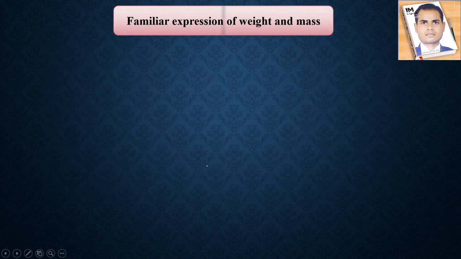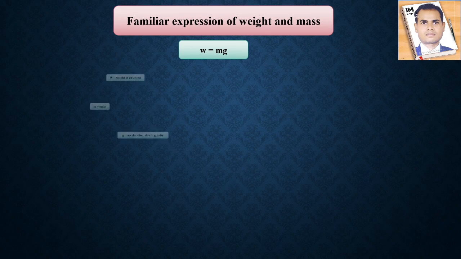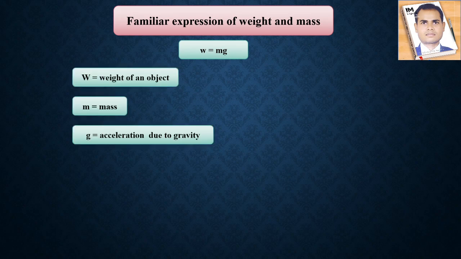Now we have to see the familiar expression of weight and mass. We know that W equals mg, where W stands for the weight of an object, small m stands for mass, and g is the acceleration due to gravity.